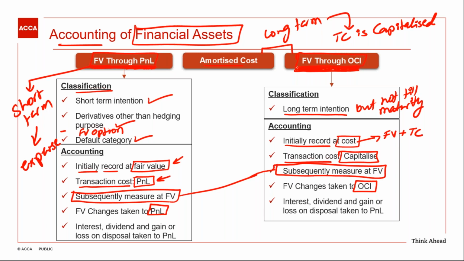Okay. Now the last thing is that the interest, dividend, and any gain or loss on disposal will be taken to the P&L for both the categories. So these two treatments are the same. The subsequent measurement is the same, and the treatment of the interest, dividend, and the gain or loss on disposal is also the same for both the categories.